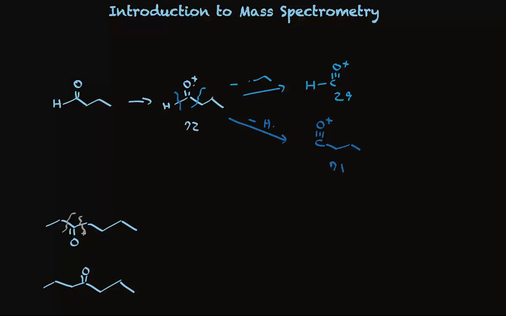On this side, would lose a butyl group. The fragmentation adjacent to the carbonyl here would lose a propyl group, and, hey, would also lose a propyl group. So the weights of the fragments of the molecular ions would be distinctly different.